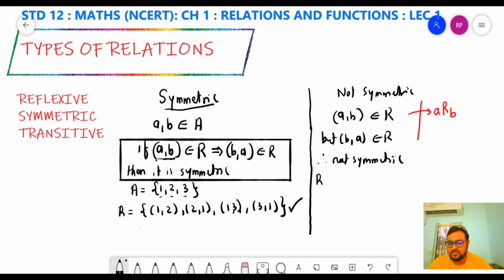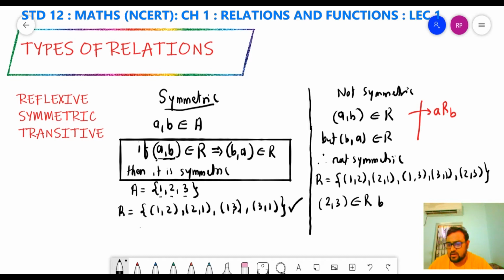Right? So if the relation is like this: (1, 2), (2, 1), (1, 3), (3, 1), (2, 3), right? So now here we can say that (2, 3) belongs to R, but (3, 2) does not belong to R. Therefore, it is not symmetric.